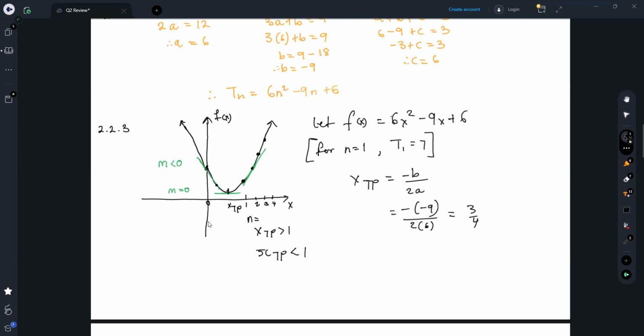Okay, so now Tn is a subset of f of x, where this function T of n is found on the increasing side.